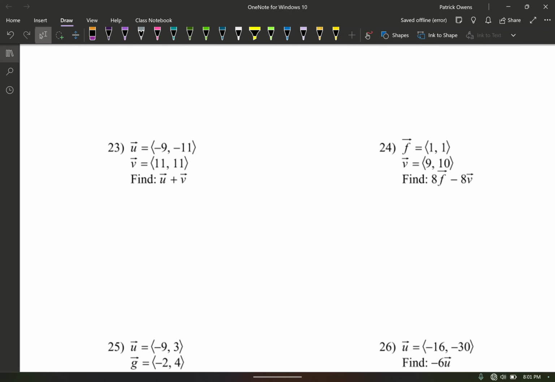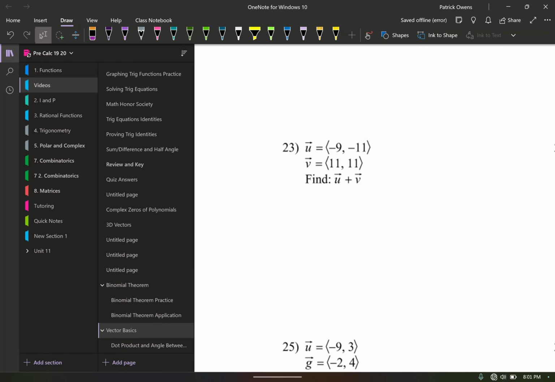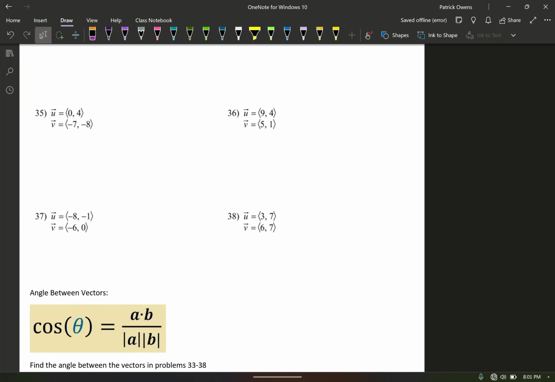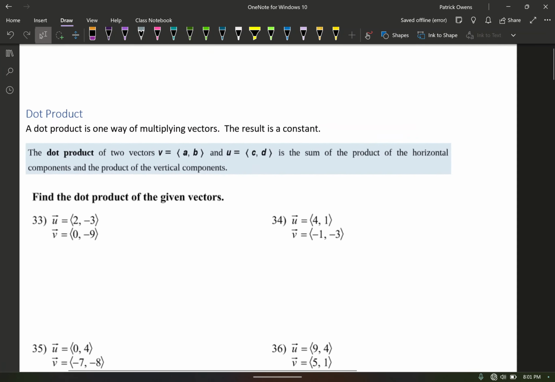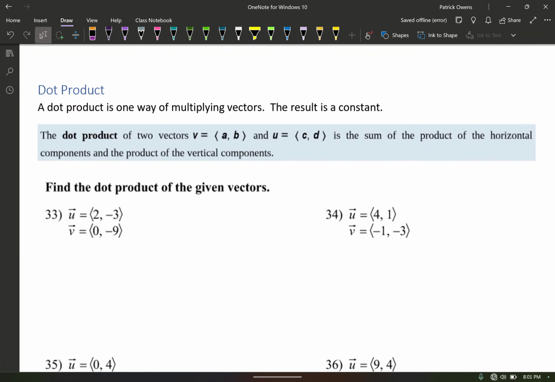Now, let's take a look at another type of multiplication. With our dot product, our input is two vectors, whereas with our scalar multiplication, our input was one vector and one constant, and our output was a vector.